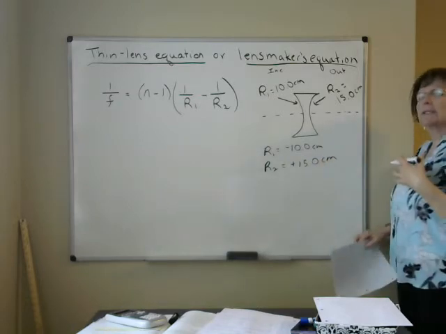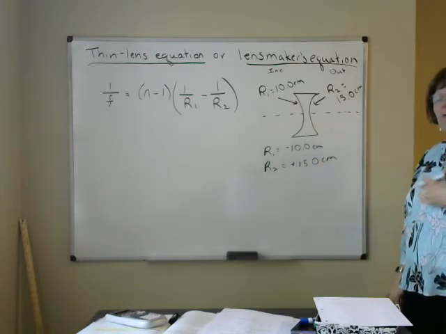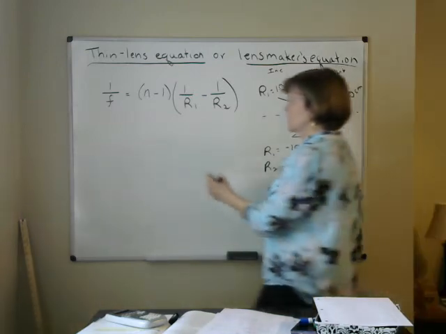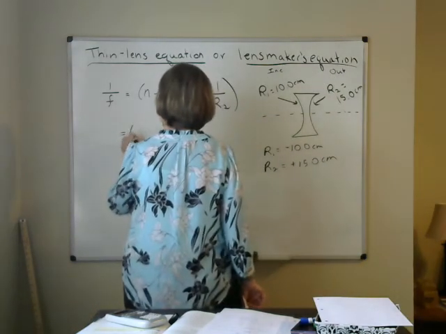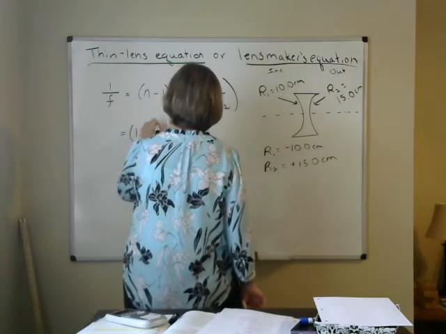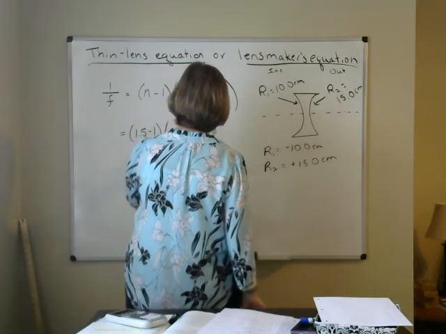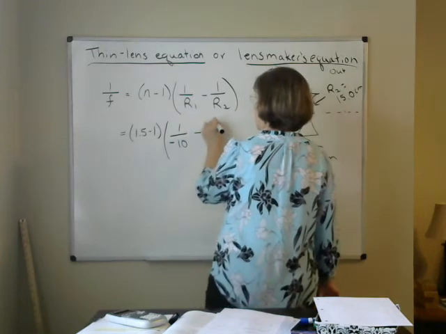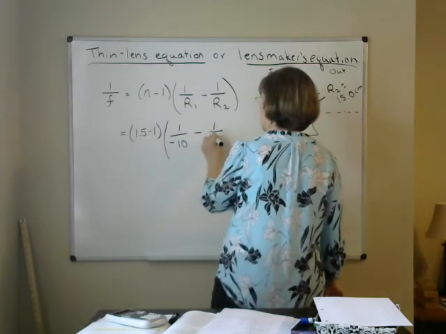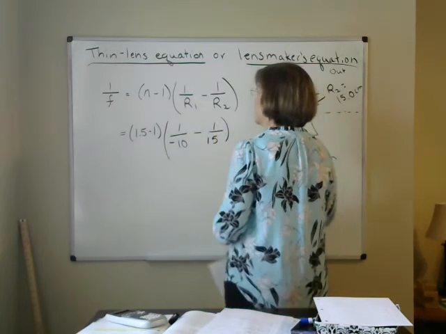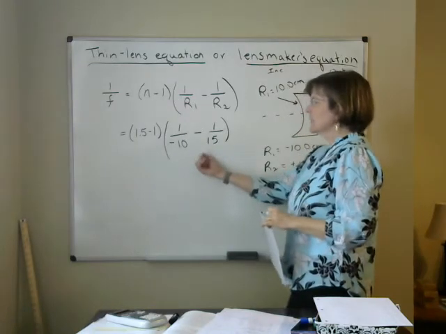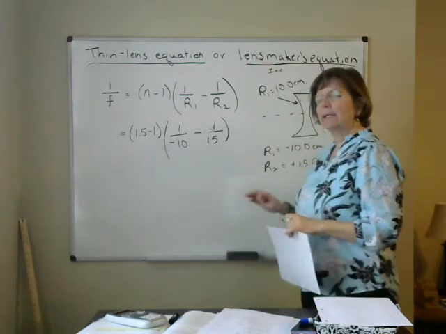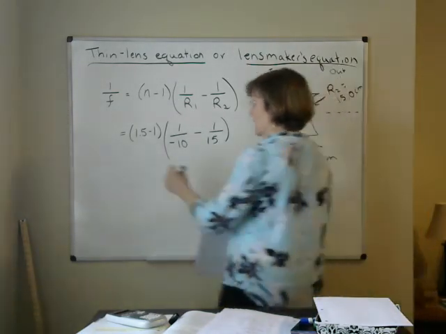Let's assume we have the same type of glass. We have an index of refraction of 1.5. So when I put that in, it's going to be 1.5 times 1 over negative 10 minus 1 over positive 15. Notice this quantity is clearly going to be a negative quantity, so we're definitely going to get a negative focal length.